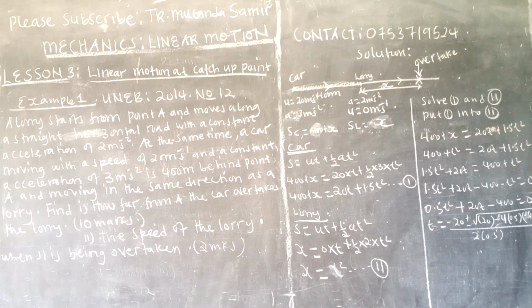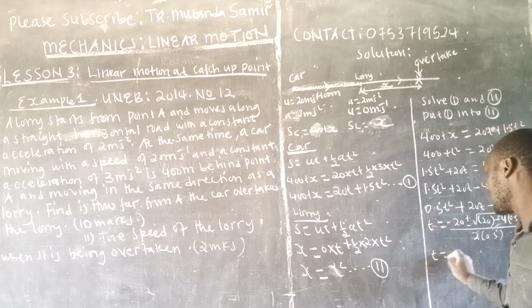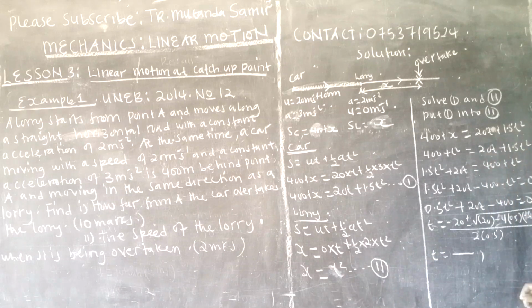Now here it will give us the values of t in seconds. Let's enter that in the calculator. So now the answers we have are 14.6 and then negative 54.6.